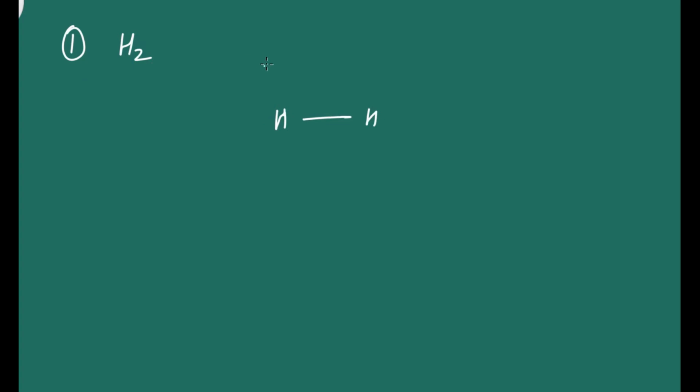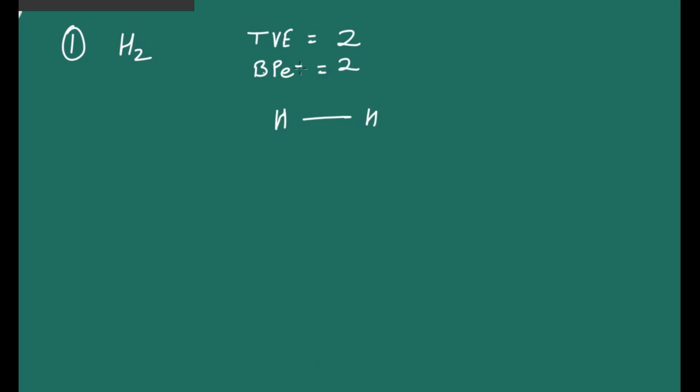Now calculate the total valence electrons. How many total valence electrons are there? 2. Now calculate the number of bond pair electrons. There is a single bond and each bond carries 2 electrons. So there are a total of 2 electrons in bond pair, right?